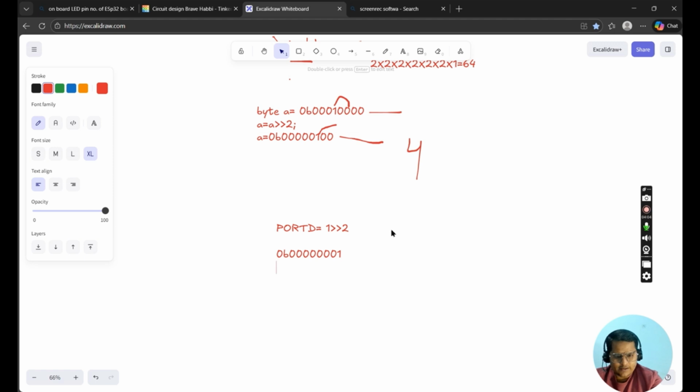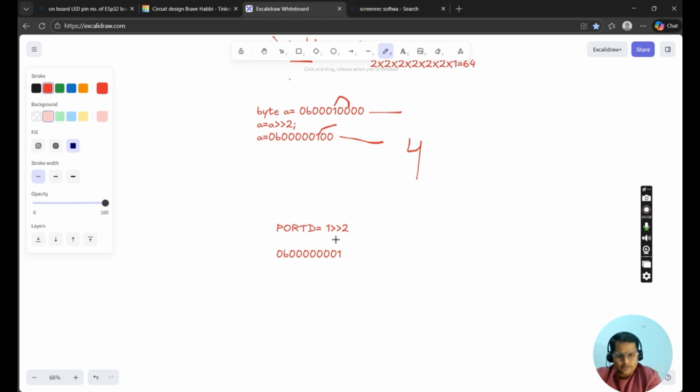You have this binary value and you are shifting the one 2 times to the right side. When you do that, this one will be gone and you will have only 0 left. Because in right shift, your right side bits are going.